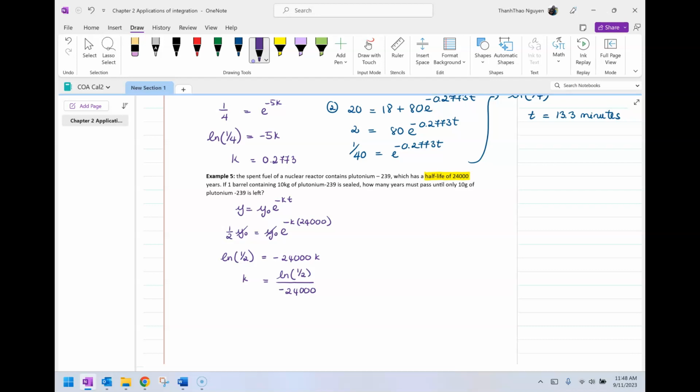So note that this k formula is called the half-life formula. So this is how you calculate the half-life.